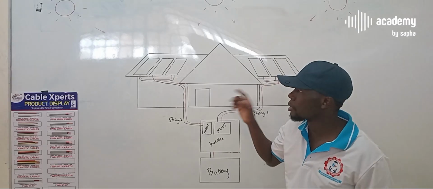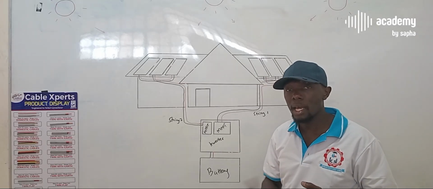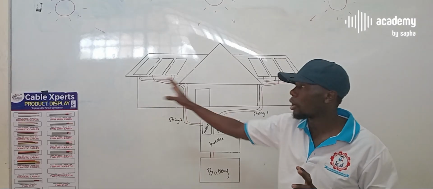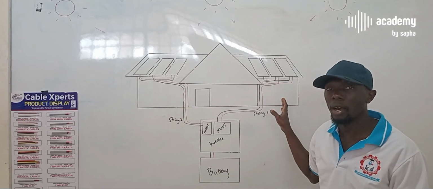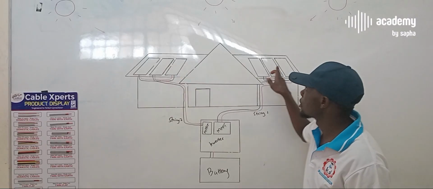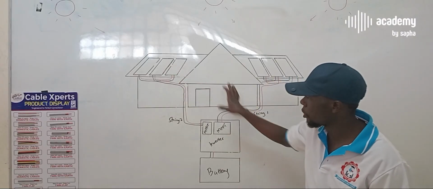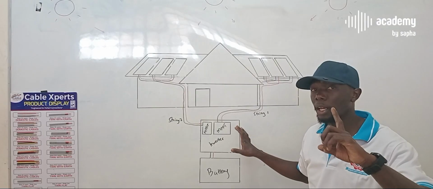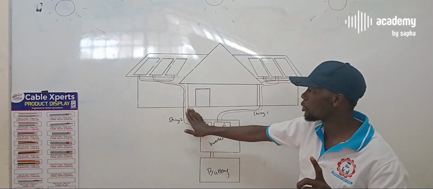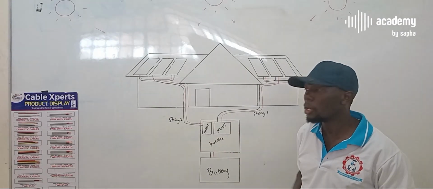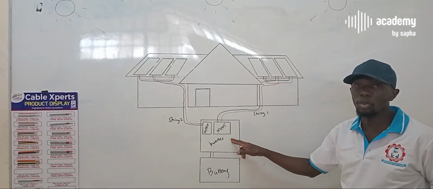So the weakest panel or side will determine the whole output of the entire array. If this side is weaker, it will determine how much power is going into the system. If it were one MPPT, both strings would be connected to one MPPT. So this is one configuration.